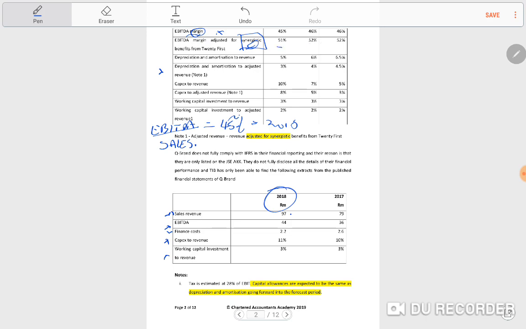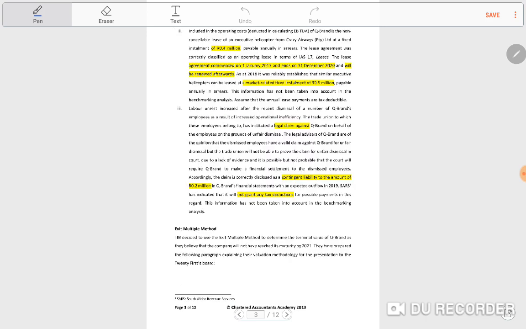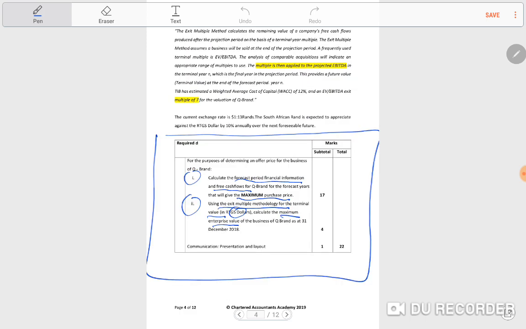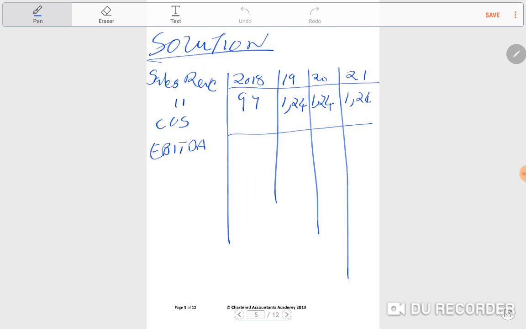So we're going to take 51%, 52%, and 52%. And if you go to our solution, it's now just revenue times 51%, 52%, 52%. That's when we get our EBITDA.